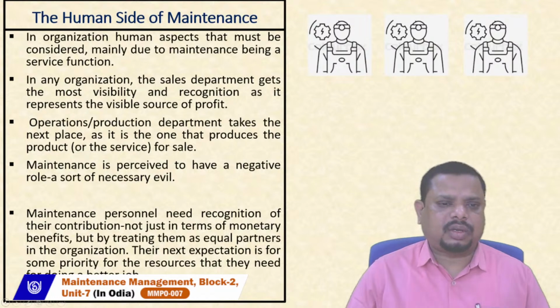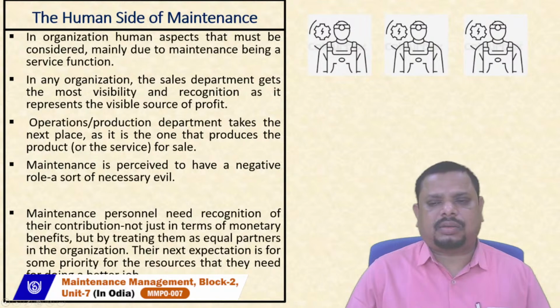So it should not be considered a department, but rather a service function. In organizations, the sales department is the most visible, and sales personnel or executives are most recognized as the visible source of profit.